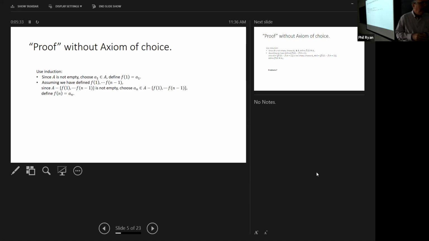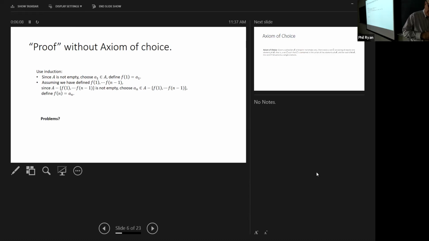Then assuming that we have defined f of 1, f of 2, all the way through f of n minus 1, since A minus f of 1 through f of n minus 1 is not empty, because A is infinite, and if we take a finite set from it, it's still going to be infinite, we can choose an element. We choose that to be our f of n.